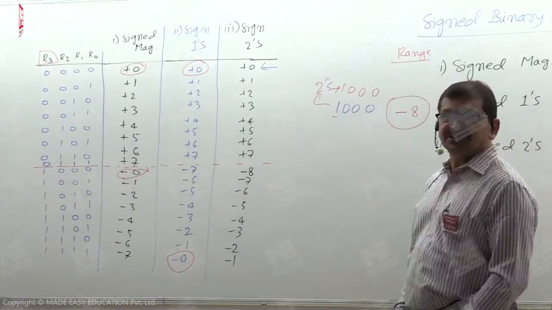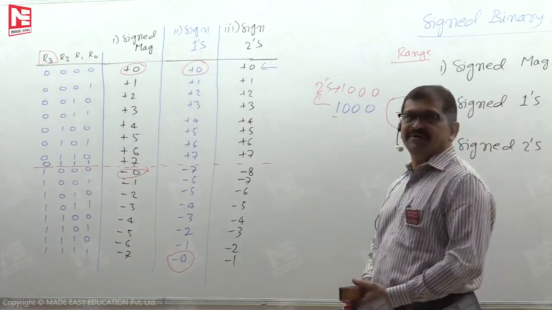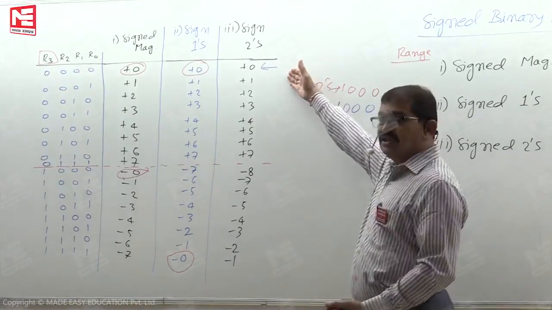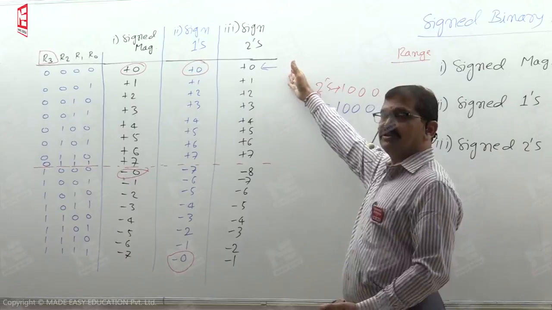That is not the case with the sign 2's complement notation. In fact, we have binary 0 as a unique representation.